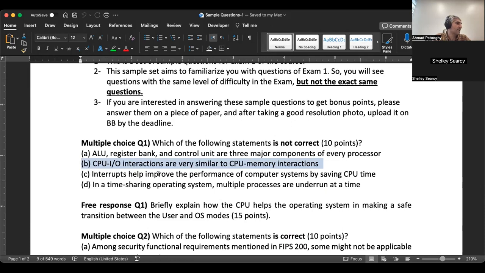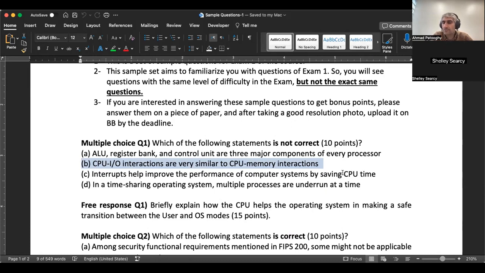Item C says interrupts help improve the performance of computer systems by saving CPU time. Yeah, that's correct. That's exactly what we said for interrupts. Interrupts save CPU time and allow the CPU to take care of what is being handled now.